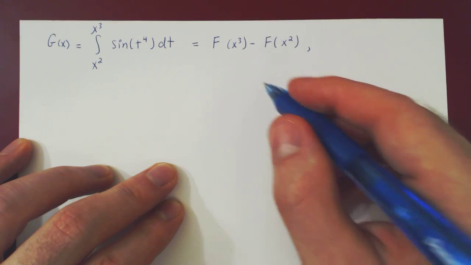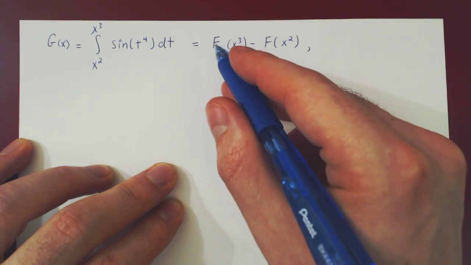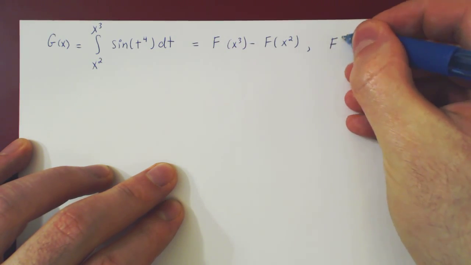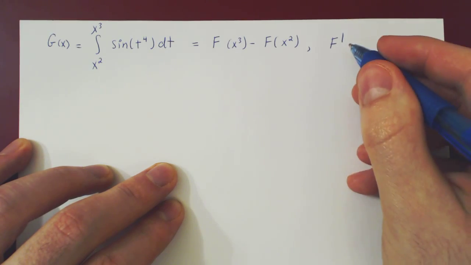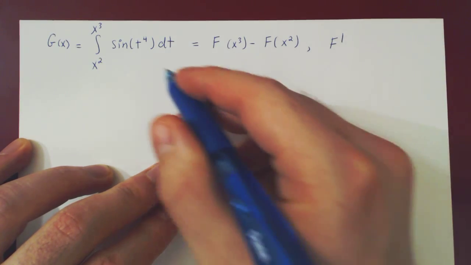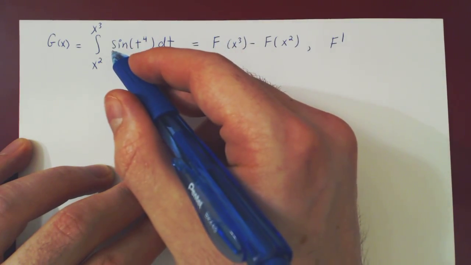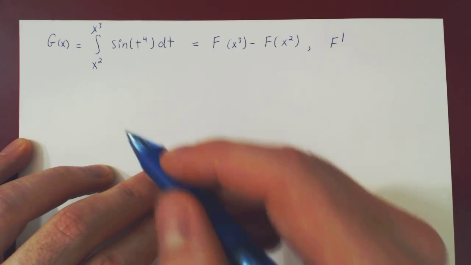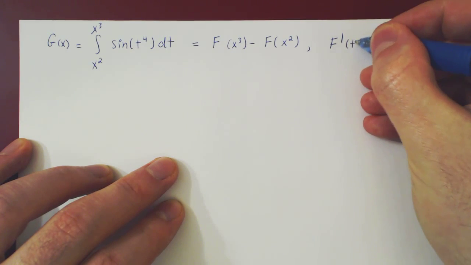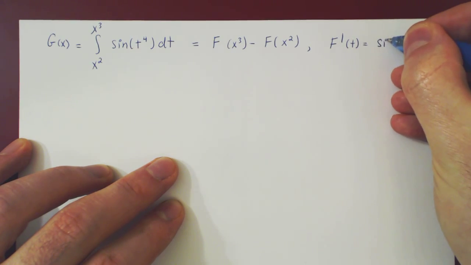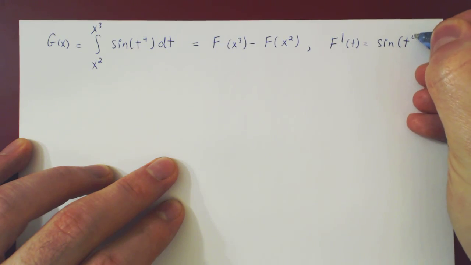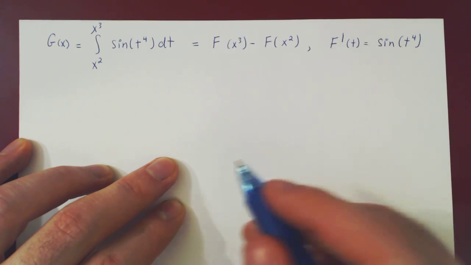And again, be explicit. What is big F here? Well, it's a function whose derivative, F prime, is the function you're trying to integrate. Well, we're trying to integrate sine of t to the 4, so F prime of t is sine of t to the 4. So that is your function.